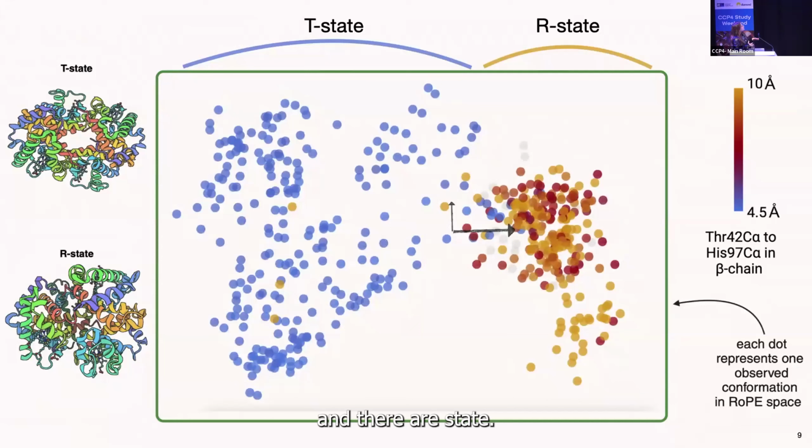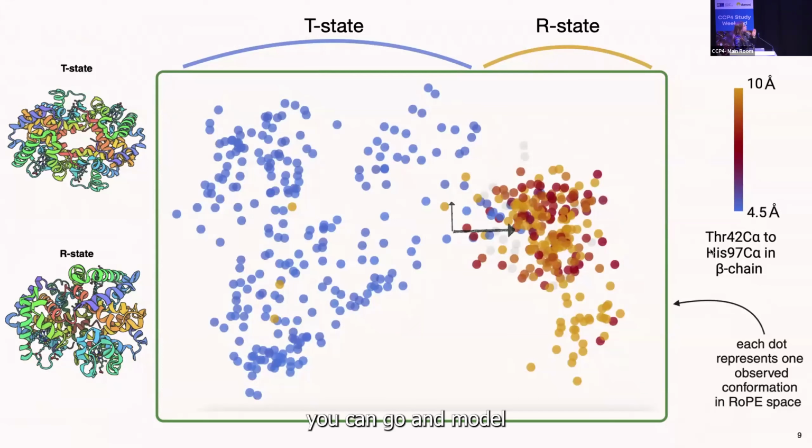You have the T state and the R state, and you can go on rope and color, and ask to color if you know two residues in your protein that are of specific interest, and you know these chains change from one state to the other.